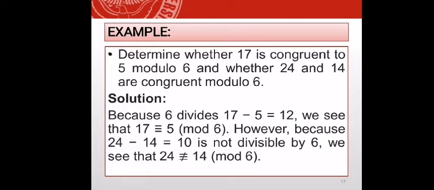Solution: because 6 divides 17 minus 5 equals 12, we see that 17 is congruent to 5 mod 6. However, because 24 minus 14 equals 10 is not divisible by 6, we see that 24 is not congruent to 14 mod 6.